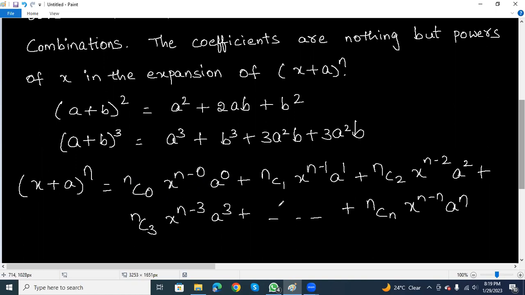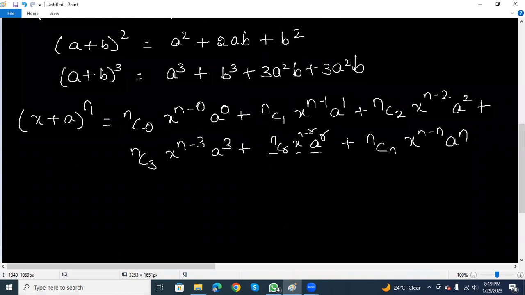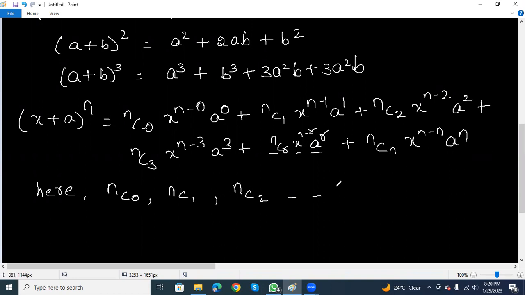The general term will be like this: nCr x power n minus r a power r. This is the general term. Now the terms end here. nC0, nC1, nC2, all these are coefficients, binomial coefficients.